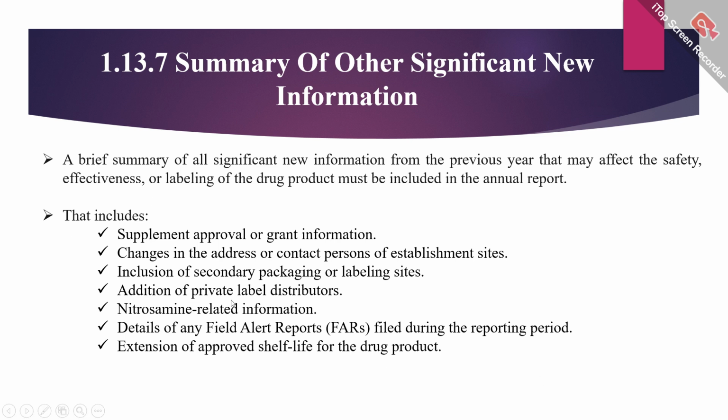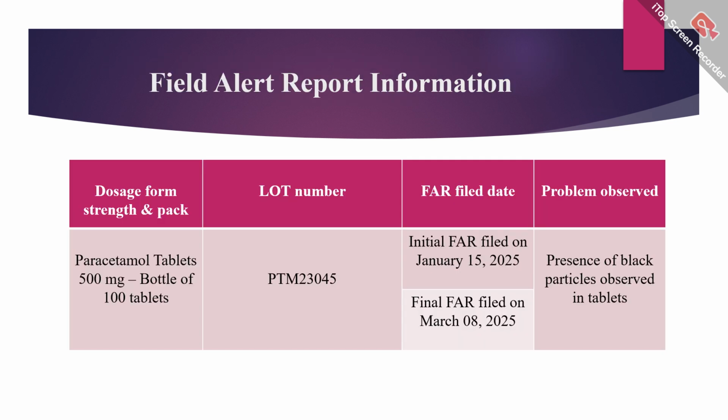Here, addition of a private label distributor and also nitrosamine related information, FAR details, field alert reports, we should mention in this. And also the expiration dating period, shelf life, and extension of the shelf life are reported in this summary. Whatever stability batches we are referencing, we have to mention them in this section.